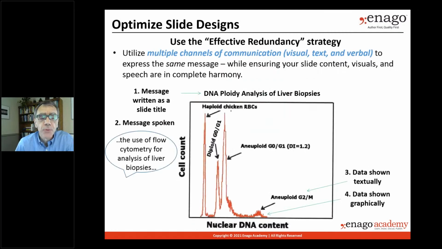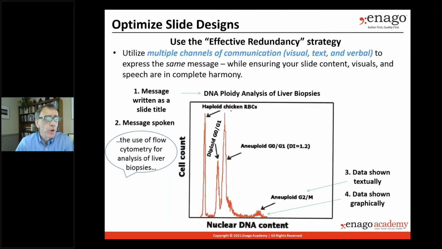So this effective redundancy technique is basically to use multiple channels of communication, visual, textual, and verbal, to express the same message. So, for example, you will want to convey your message in the title, written as a slide title, and then you will also be speaking the words, you know, the use of flow cytometry for the analysis of liver biopsies showed X, Y, and Z, right?